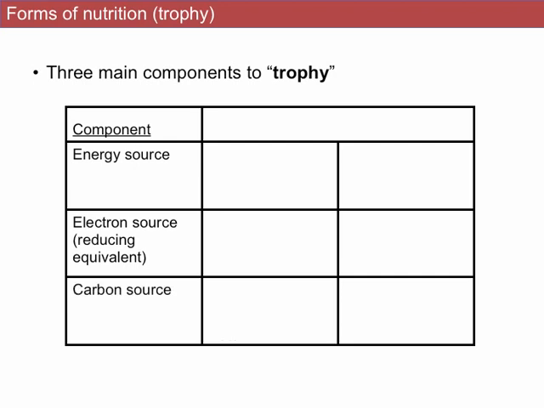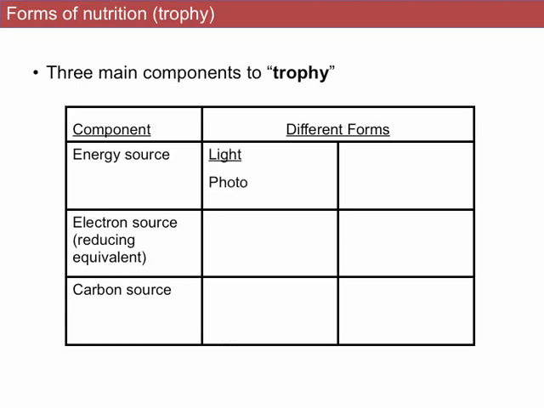There are lots of different ways you can categorize the nutrition of organisms. These 3 are the most commonly used and the ones used in the book. So when it talks about different lineages, it might say that this group of organisms is a particular kind of trophic. That's why I want to go through this, so you understand what it's saying when it talks about those different organisms.